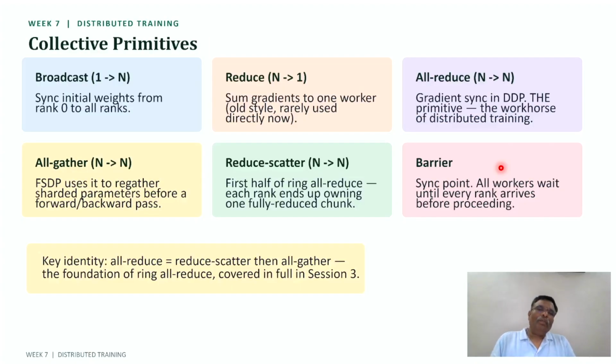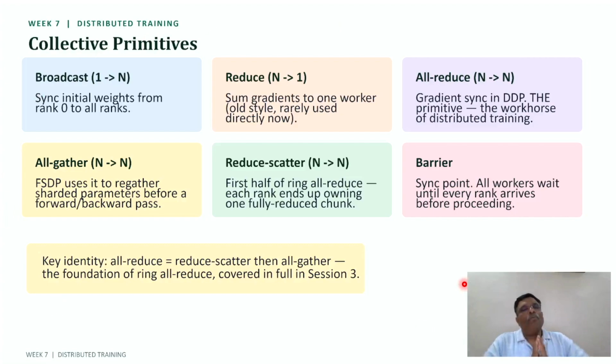Next, when we try to distribute things, there are certain collective primitives we generally use, which we should know: broadcast, reduce, all-reduce, all-gather, reduce-scatter, and barrier. These are primitives generally used internally by PyTorch.